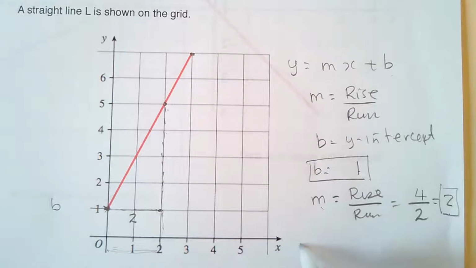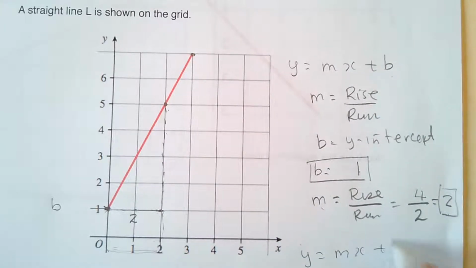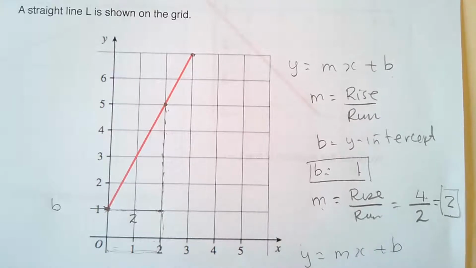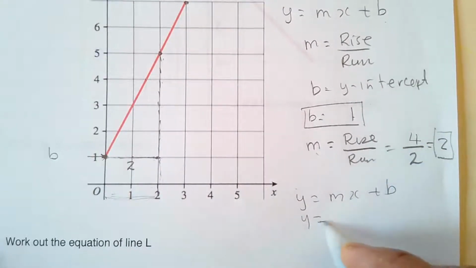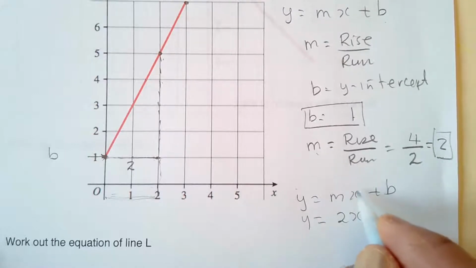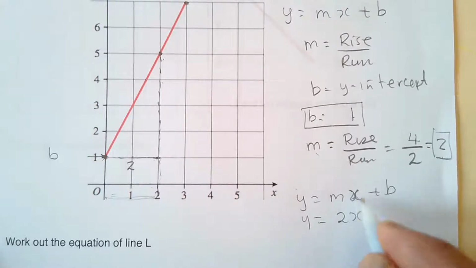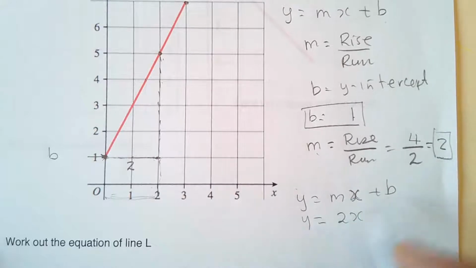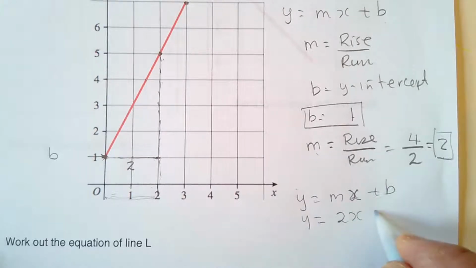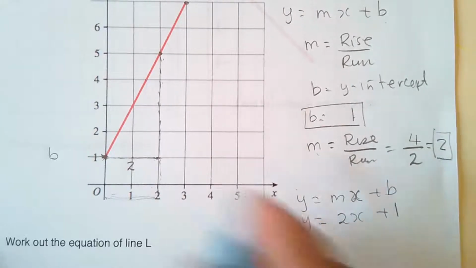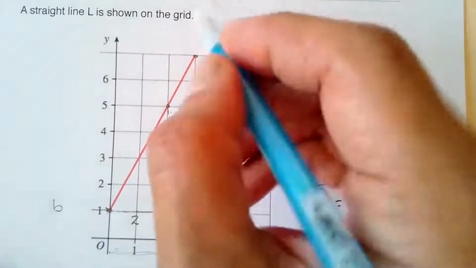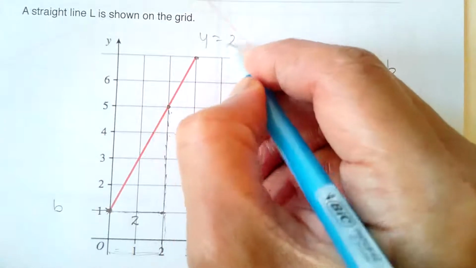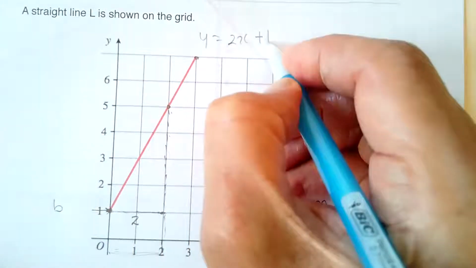So my equation then is y is equal to mx plus b. Y is equal to m, which is 2x. Remember, these variables are there, you don't change them. Plus 1. So that's the equation of this line: y is equal to 2x plus 1.